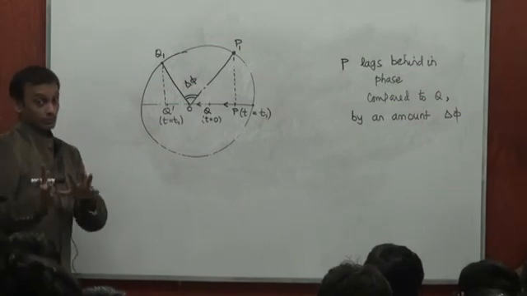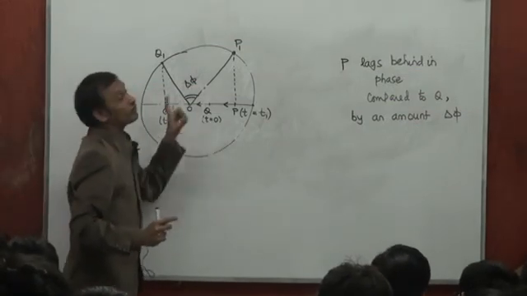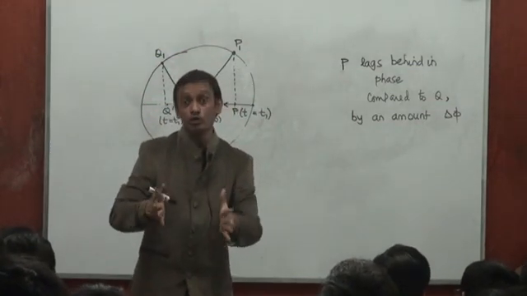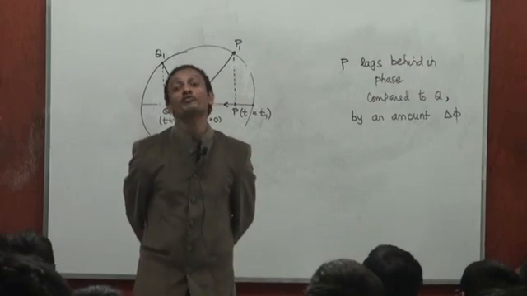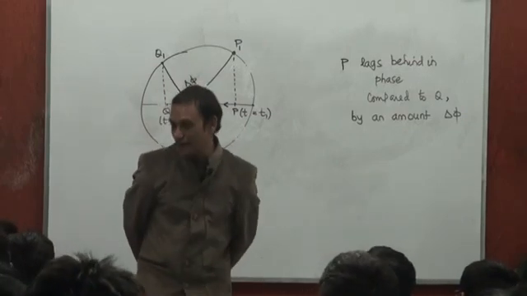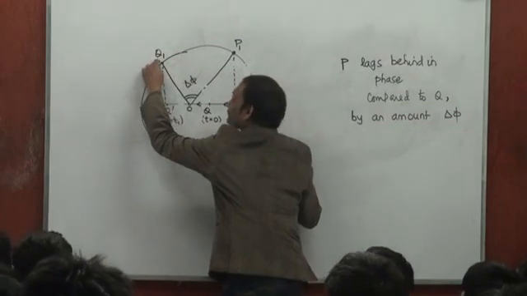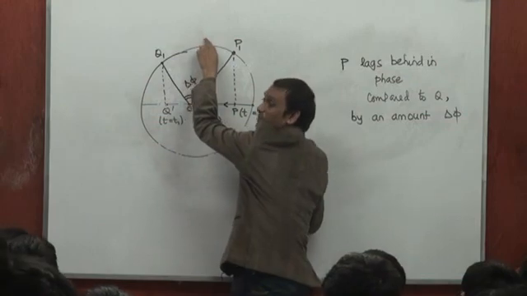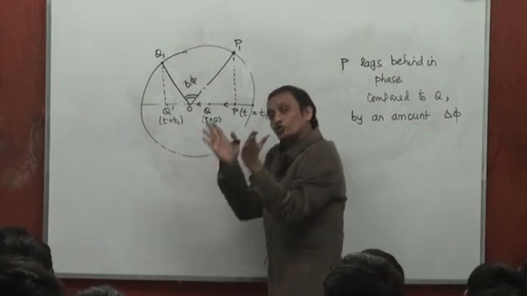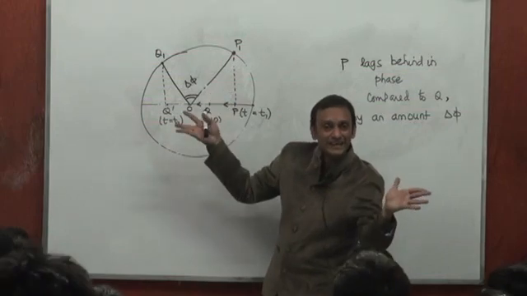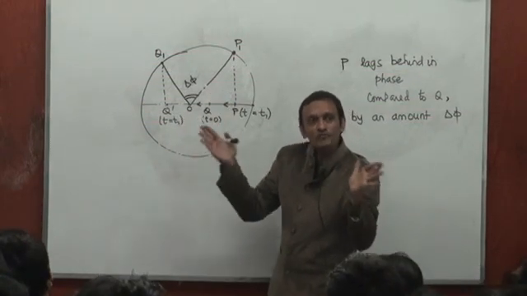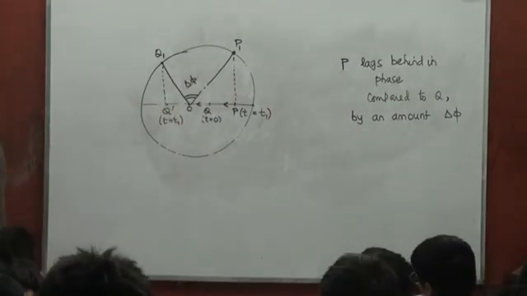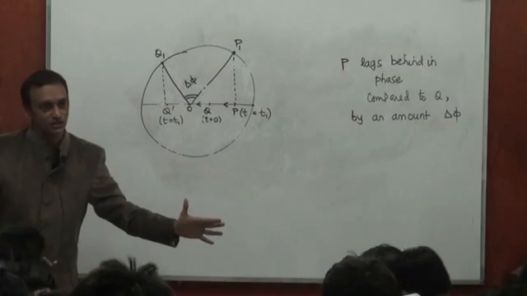Now if at t equal to t1 the phase difference is delta phi, then at a later common instant t equal to t2, what would be the phase difference? It will still be delta phi. Why? Because the angle described by Q1 at the center would be the same as the angle described by P1 from t1 to t2. So the difference in angles will still be delta phi, right? If delta phi is the phase difference at a certain instant, then that phase difference is maintained at all instants.